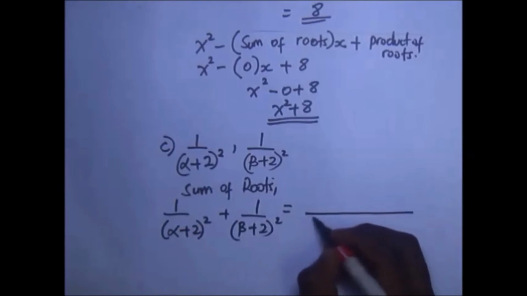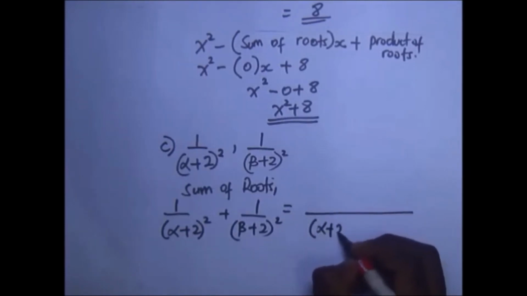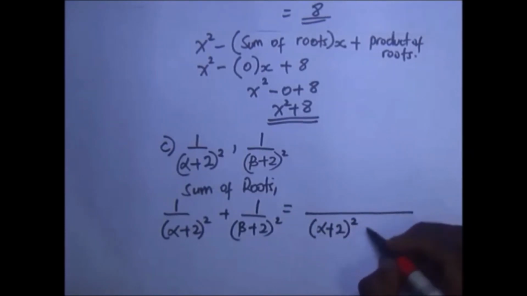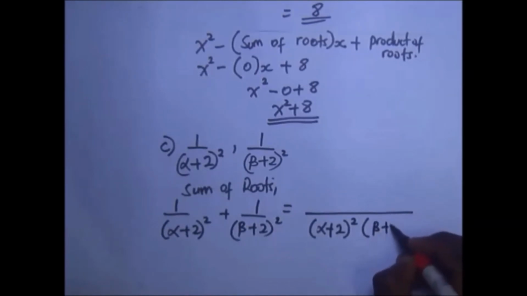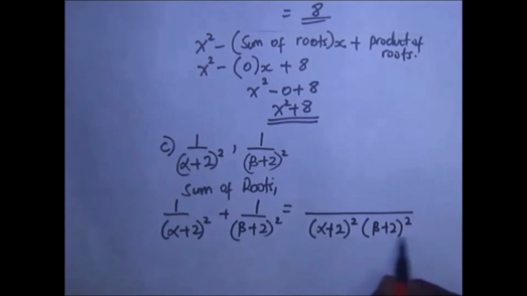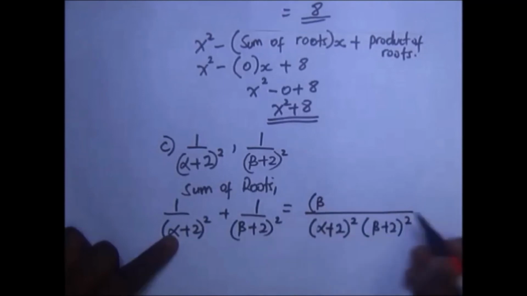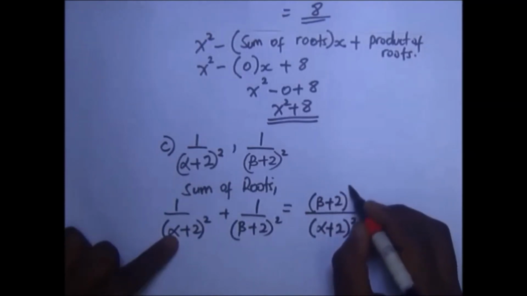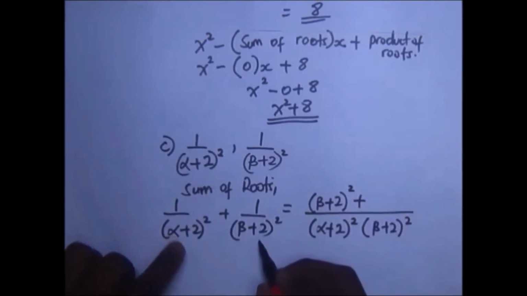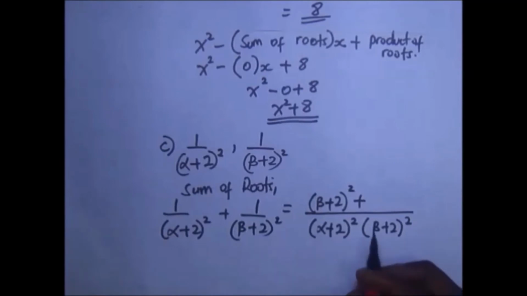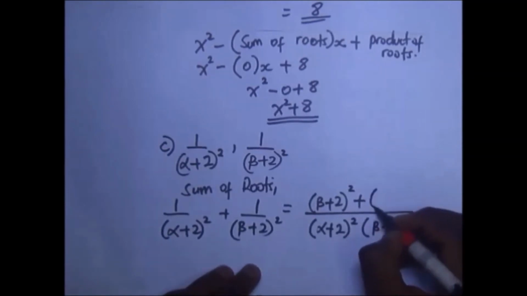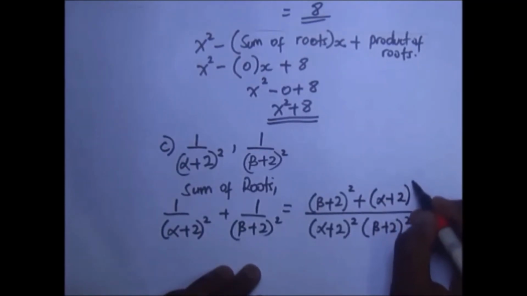That's going to be equal to, more like now the LCM, alpha plus 2 squared times beta plus 2 squared. This divided by that, you're going to get this. It's going to be beta plus 2 squared plus this and that. You're going to, this will go, you remain with alpha plus 2 squared.